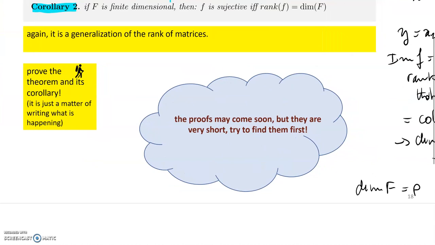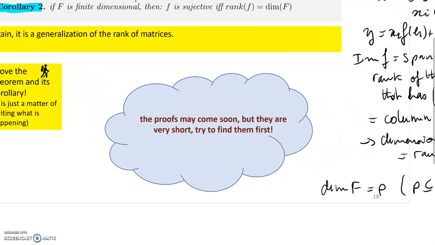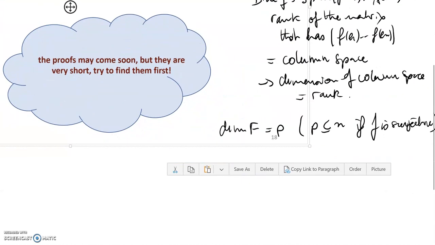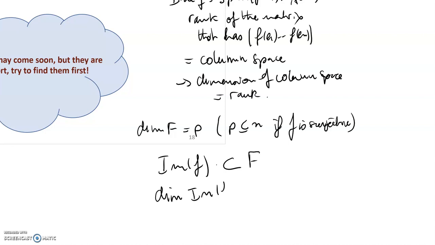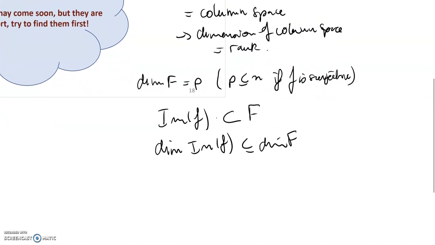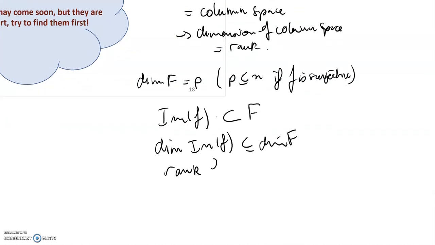It's really linked to this theorem. We saw that the image of f, of course, is going to be a subset of F. So I know that the dimension of the image of f is going to be smaller or equal to the dimension of F. In other words, the rank of f is smaller or equal to p.